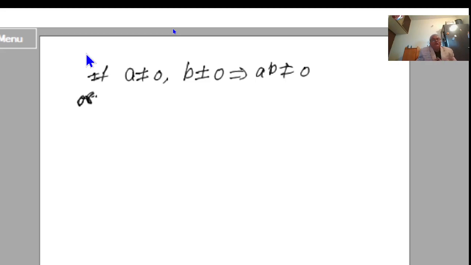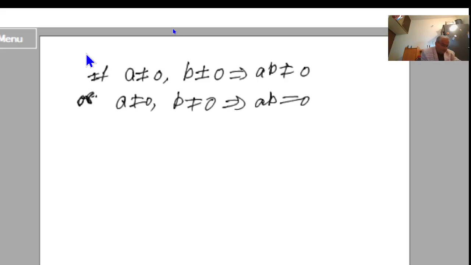This we know usually, with respect to our usual multiplication. Sometimes what happens is, A is not equal to 0, B is also not equal to 0, and this implies AB equal to 0 in some cases. That is, if the operations are different, then this may happen sometimes.